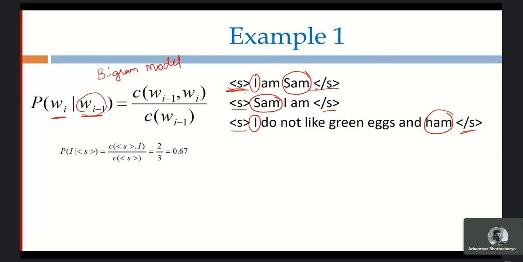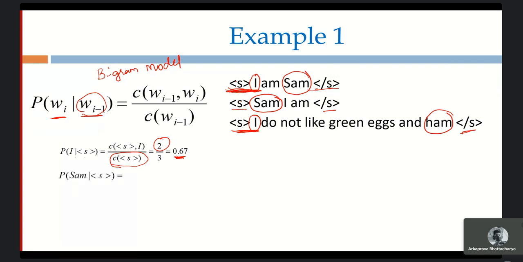Start is followed by I two times. So it is 2 divided by how many times the start has been seen: 1, 2 and 3. So the probability of I being predicted with respect to start is 0.67.